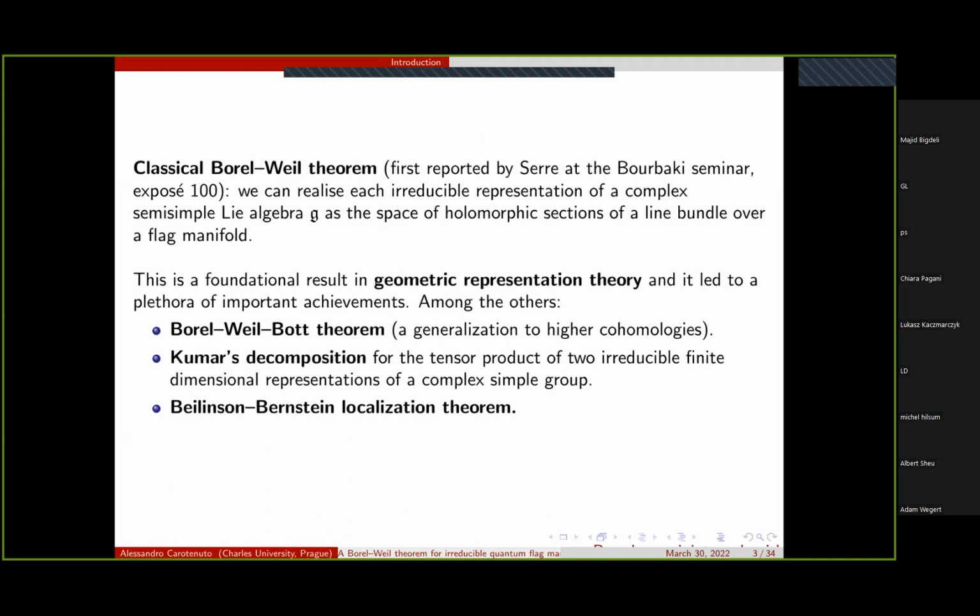And let me just mention finally the Bernstein localization theorem in algebraic geometry, which is a far-reaching application of the Borel-Weil theorem in the context of algebraic geometry.